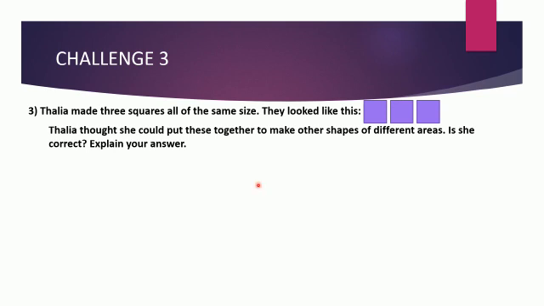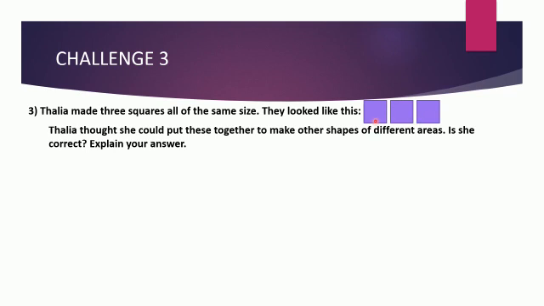You can see these squares. There are 3 squares, and they look the same, and the area of these squares is the same. Okay students, suppose the area of the first square is 1 centimeter square, the second is 1 centimeter square, and the third is 1 centimeter square.